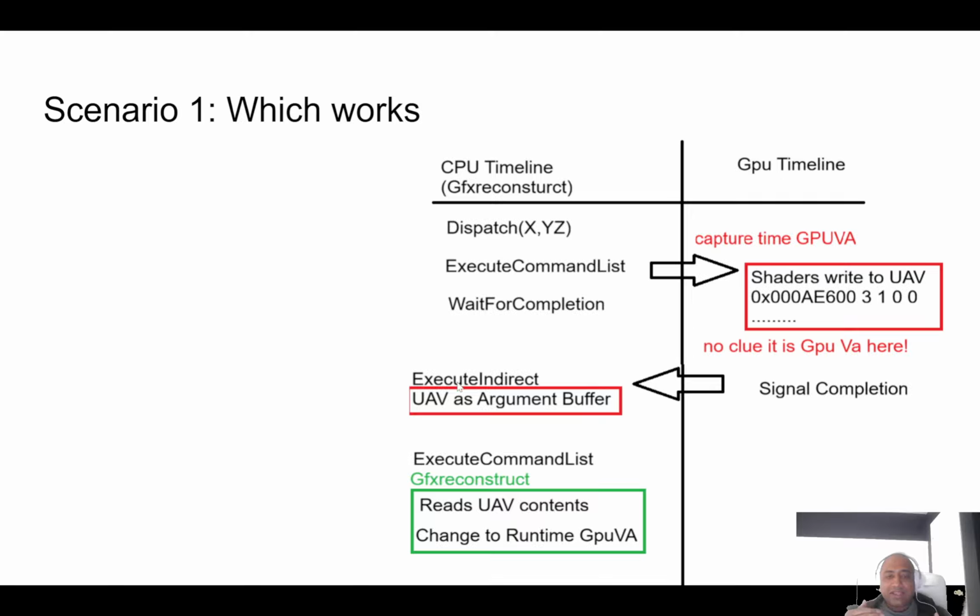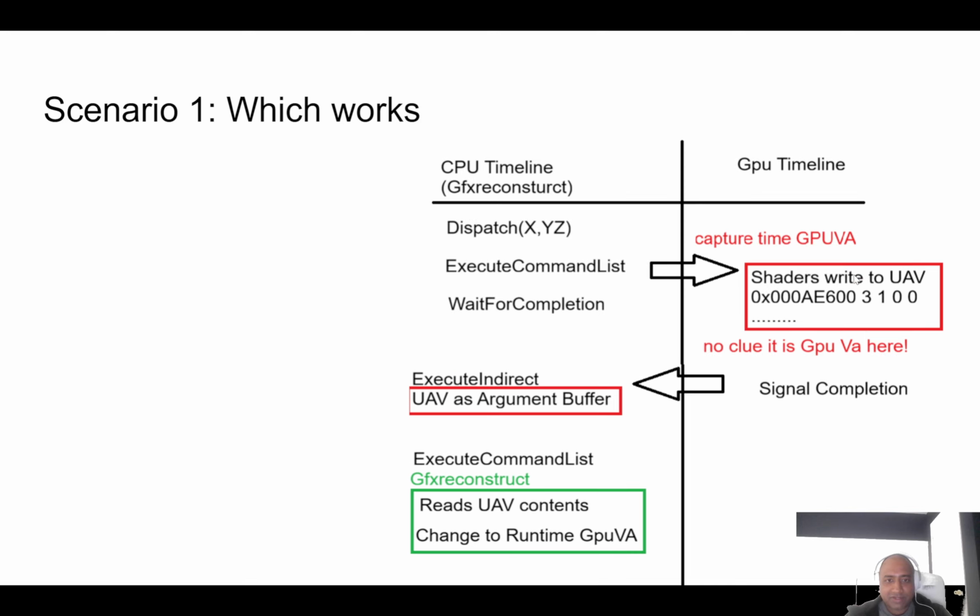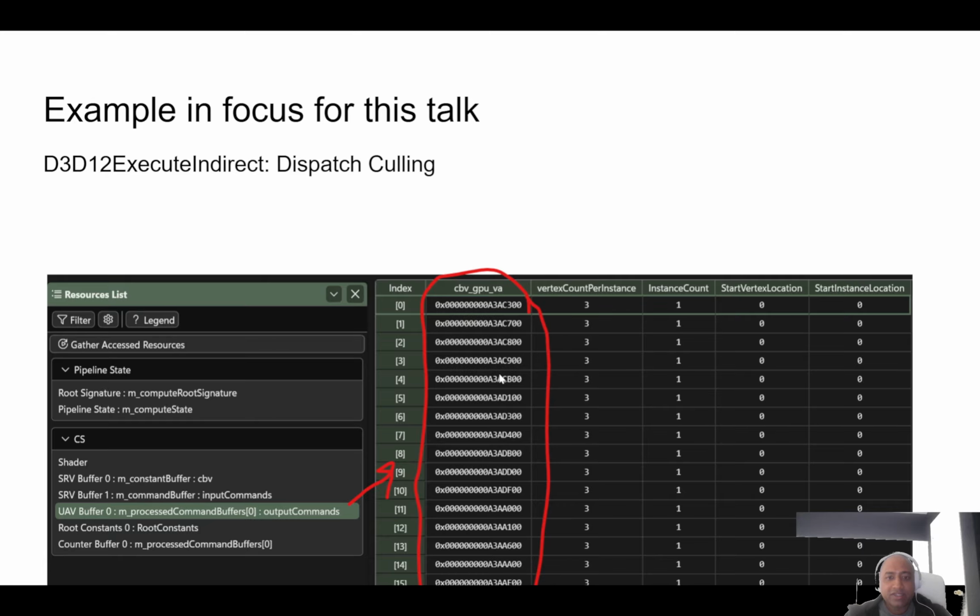Now, when the application tries to use this as an argument buffer in ExecuteIndirect, GFXR Reconstruct has, at this point, the whole buffer filled. So GFXR Reconstruct identifies this scenario and then it reads the UAV contents, goes through each of these addresses, and maps it to the replay time GPU VAs.